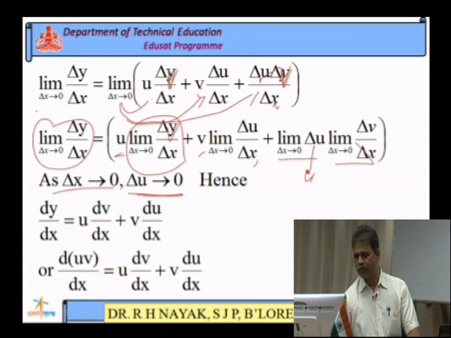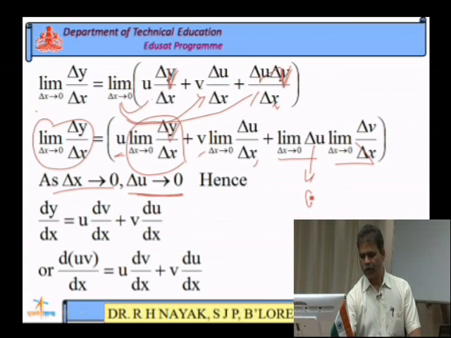This is 0, therefore the entire term becomes 0. Finally, we will be having the differentiation of a product of two functions.